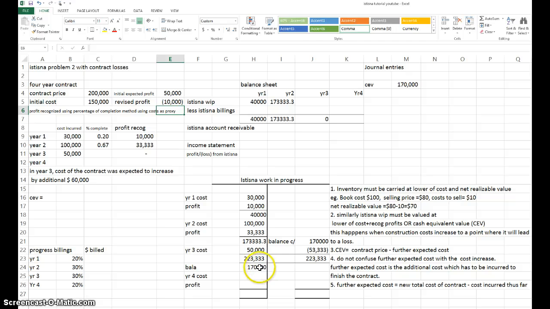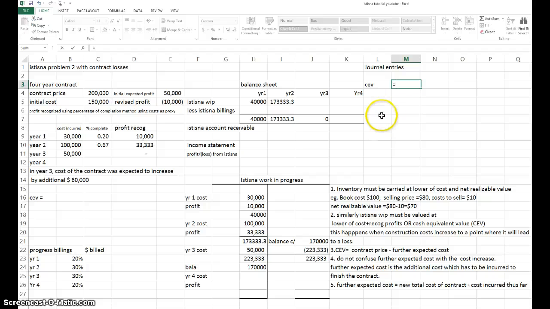Now what is the cash equivalent value? Let us calculate this again.